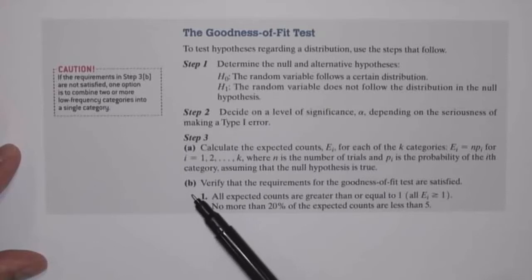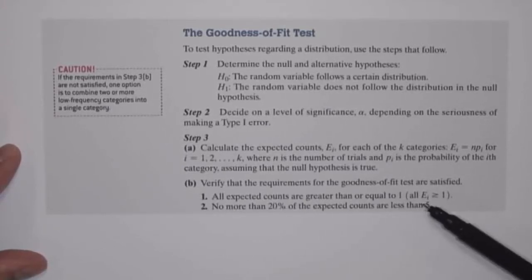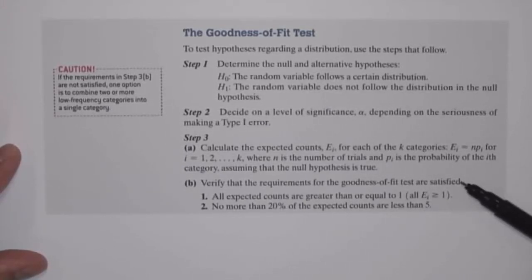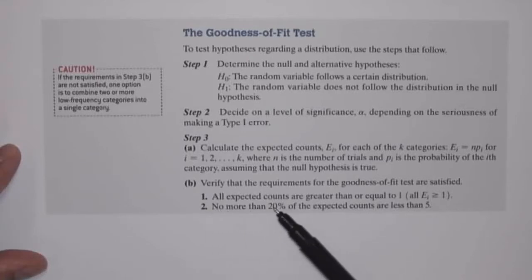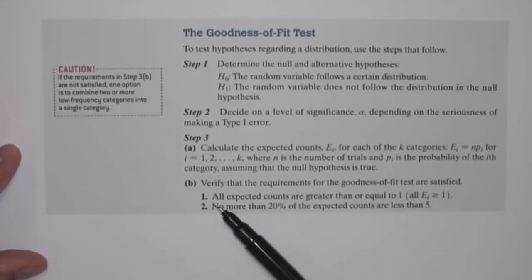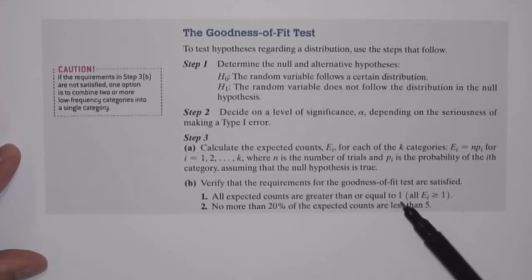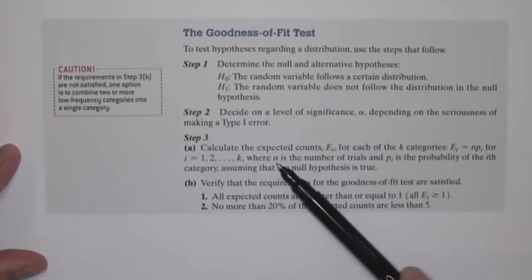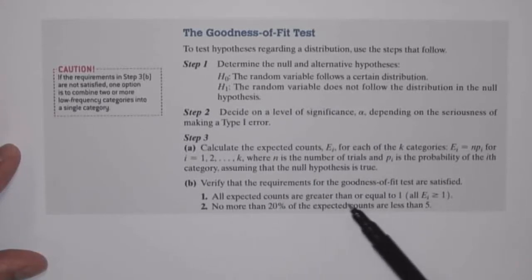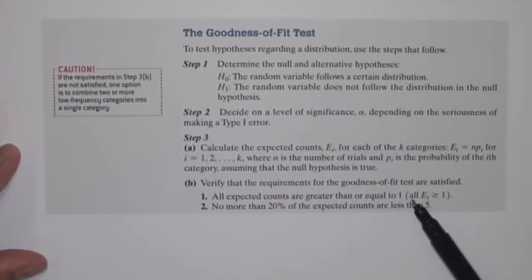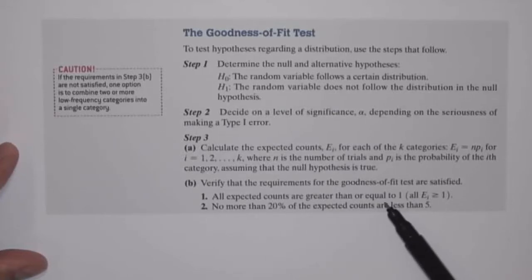Part B, we have to verify that the requirements for the goodness of fit test are satisfied. So this is what we discussed in the previous video. All of the expected counts have to be greater than or equal to 1. So again, that's really a requirement about the sample size or the number of trials. We have to repeat the experiment or have a large enough sample size so that all of the expected counts are greater than or equal to 1.